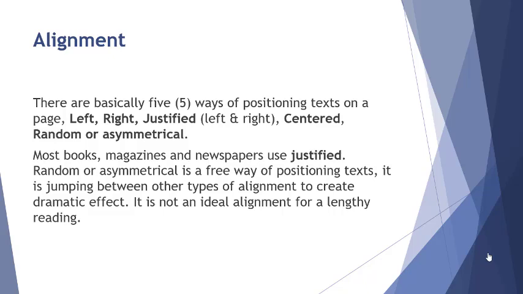It is not an ideal alignment for lengthy reading, and that's why in most newspapers you are going to see justified alignment, because it is the most ideal for lengthy reading. Most newspapers and novels, you see justified. And maybe after justified, you can see left alignment. You will rarely see random or asymmetrical because this is just used to create dramatic effect.